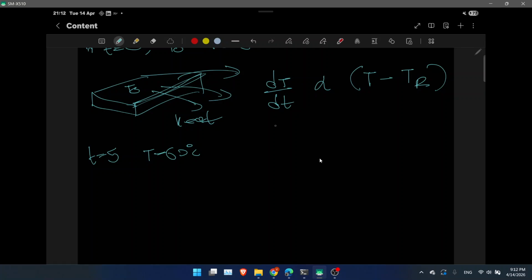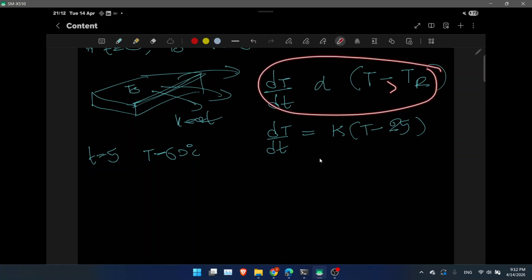So to get rid of this proportional mark, we should add a constant. So it is T minus TR. TR is also a constant. We know it is 25. So this is actually a very famous physics theorem.